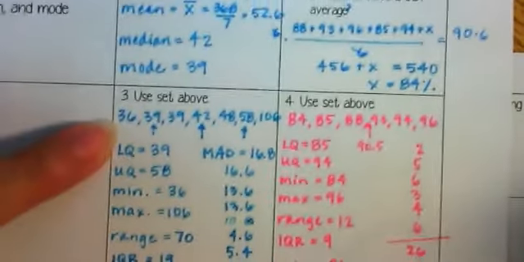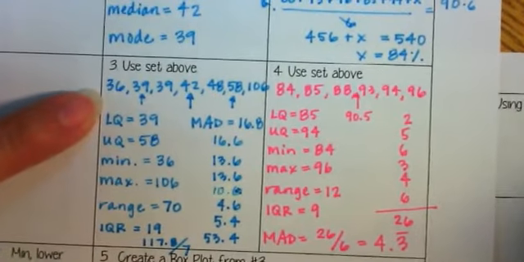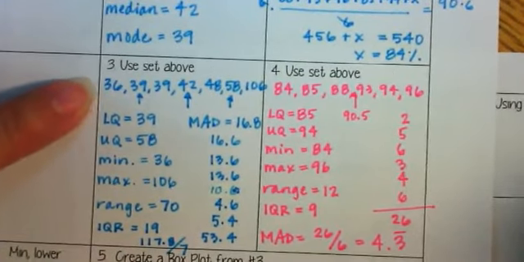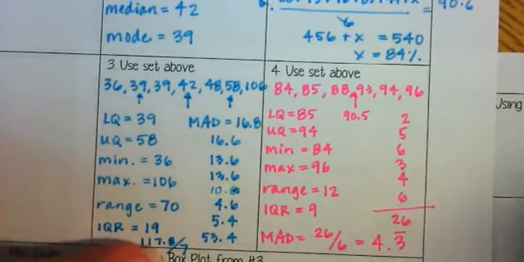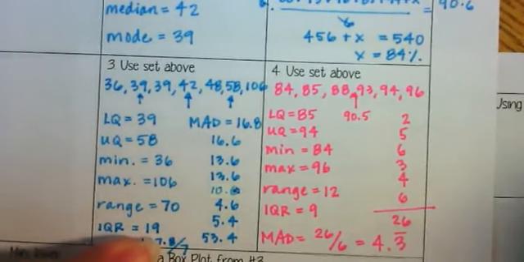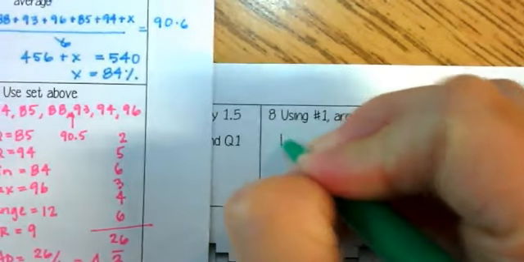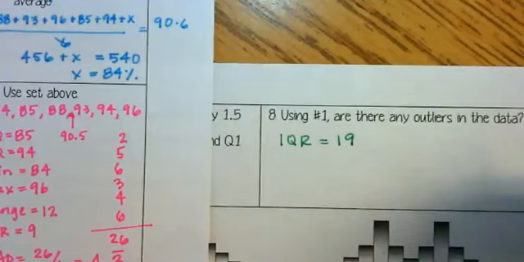So what we're going to do from the data up here that we did with number 1, we know that our interquartile range is 19. All right, so the interquartile range is 19. And that, again, is the upper quartile minus the lower quartile.